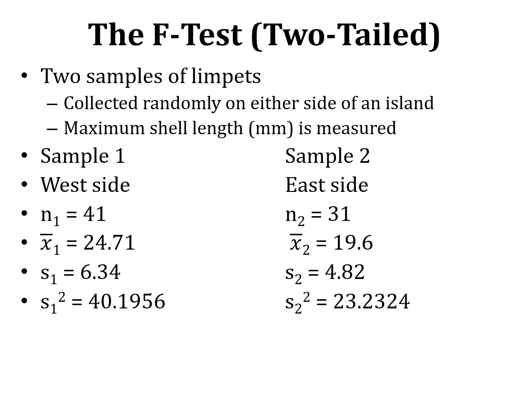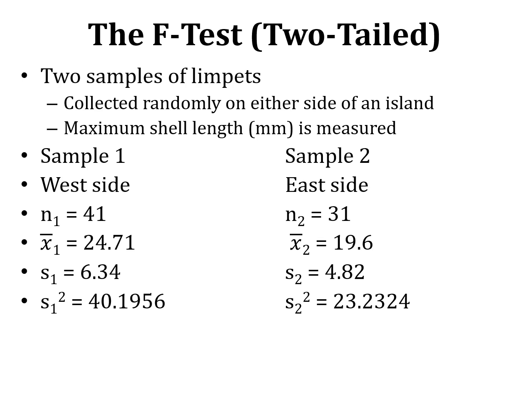The mean shell length from the west side is 24.71 millimeters, and the mean shell length from the east side is 19.6 millimeters. And then we have the standard deviation, which is 6.34 millimeters for the west side and 4.82 millimeters for the east side.